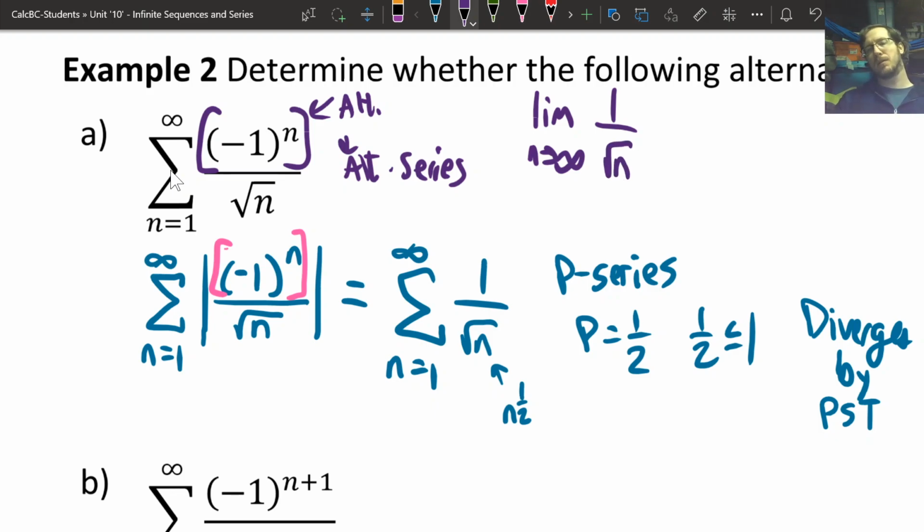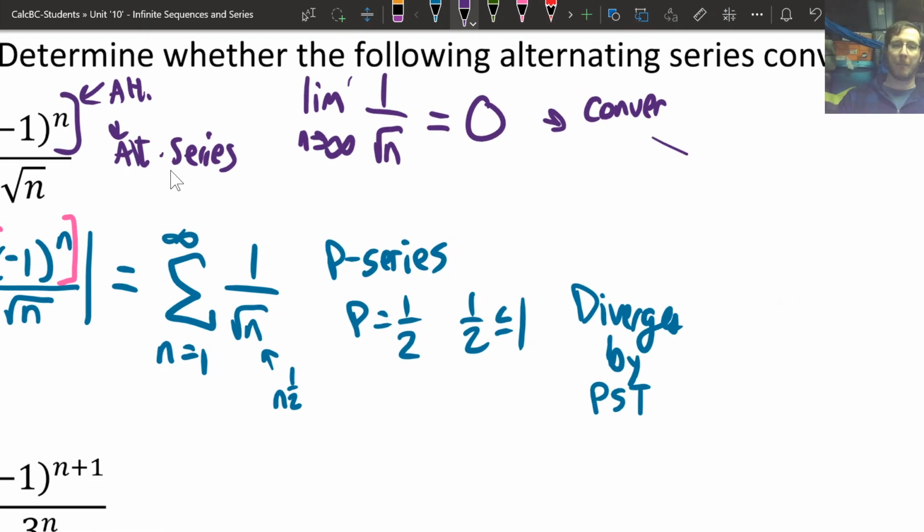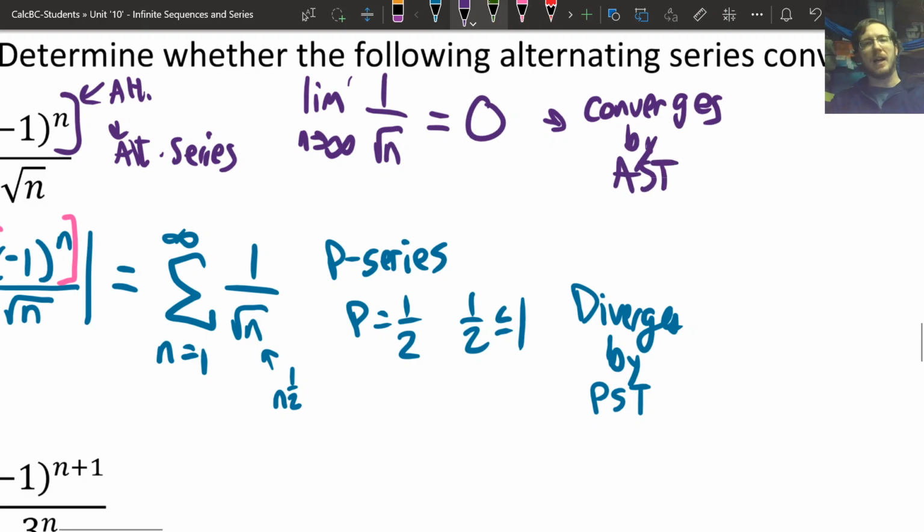As n gets larger and larger, that denominator gets larger and larger, so the value of that whole deal equals 0. That means, according to our AST, that the original converges. That's by AST.